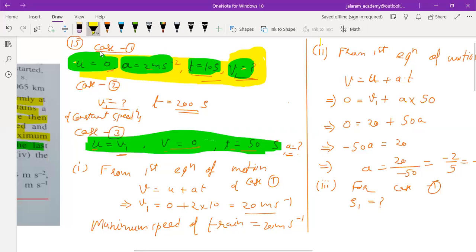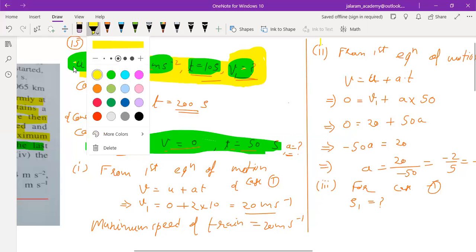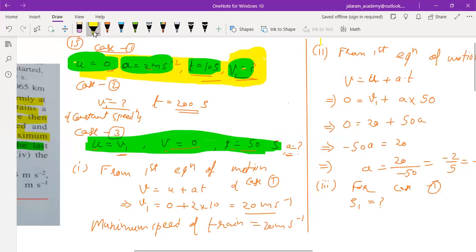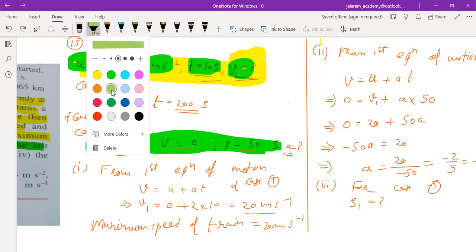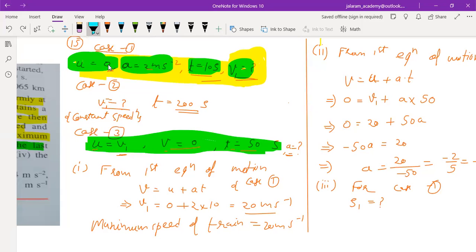So we observe U is given, A is given, and T is given. V is not given, but we have calculated, and we have to now find S.